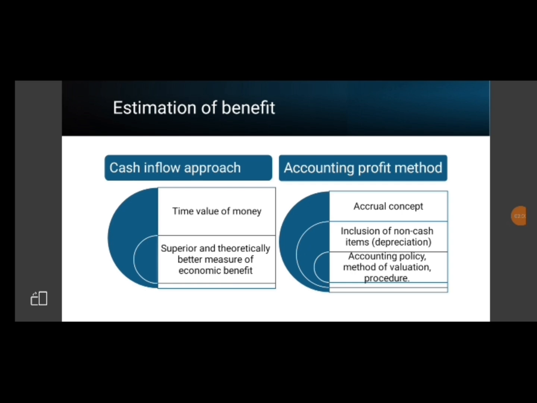For estimation of benefit, what are the methods we are using? Cash inflow approach and accounting profit method. What is the difference between the two?